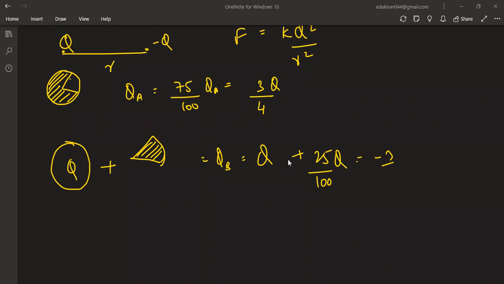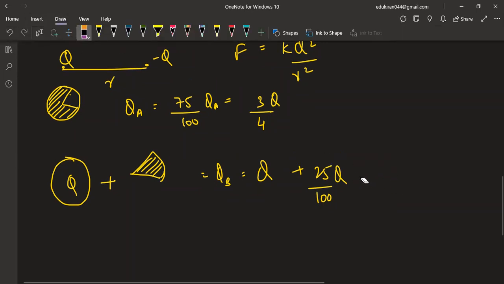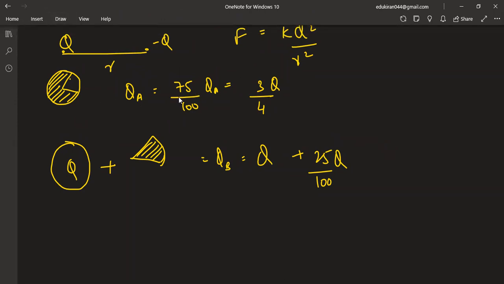Yeah. See, if I write down the total charge, this is QA. From QA 75%, this much amount of charge has been lost.